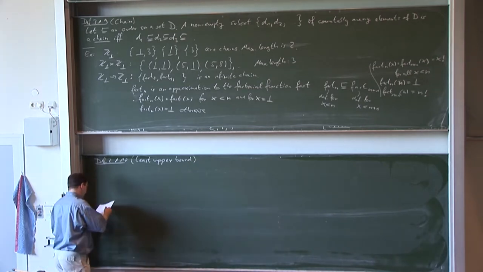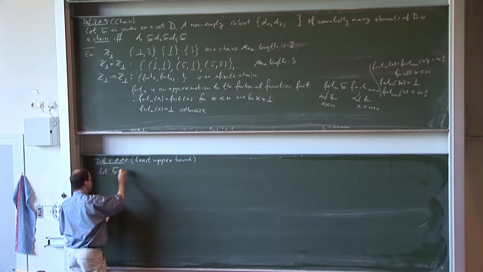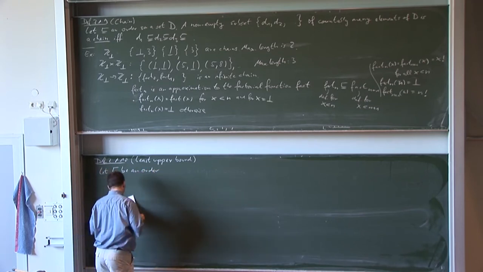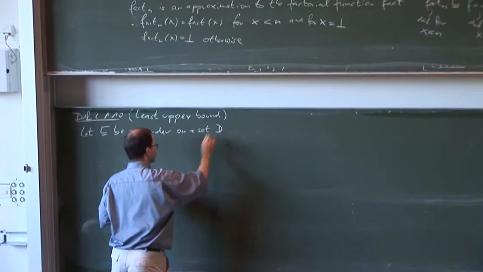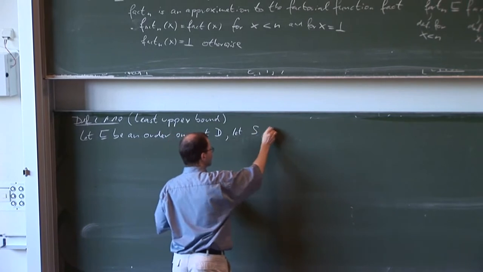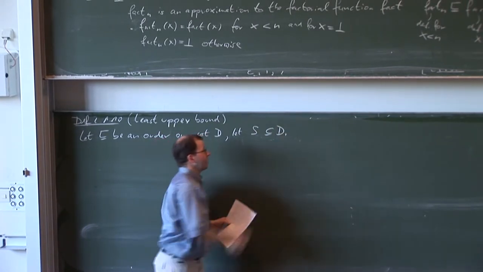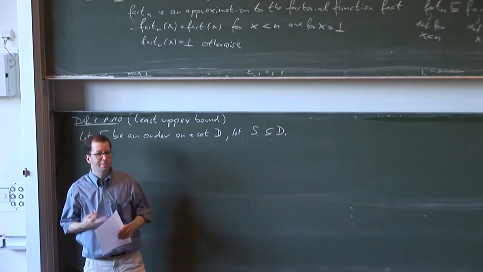So if you have some order, if this is an order on a set D, and you have some subset S of D, then what does it mean if some element small d is the least upper bound of S?